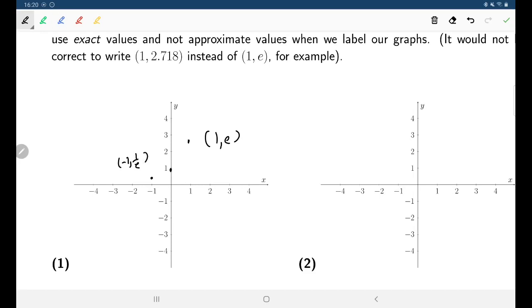Of course, the horizontal asymptote that I'll have will be the line y equals 0. And there we go. There's my basic shape for y equals e to the x.